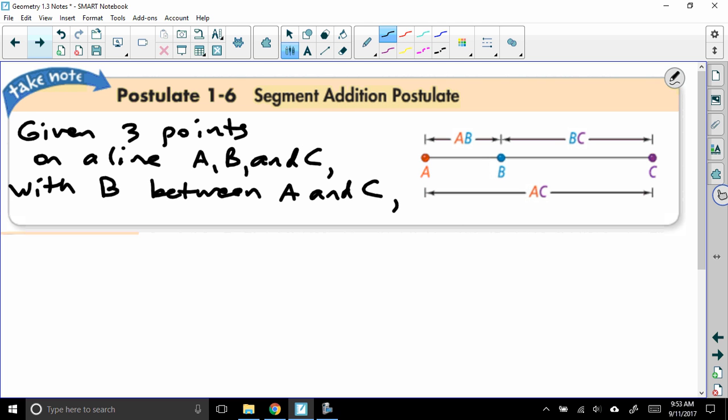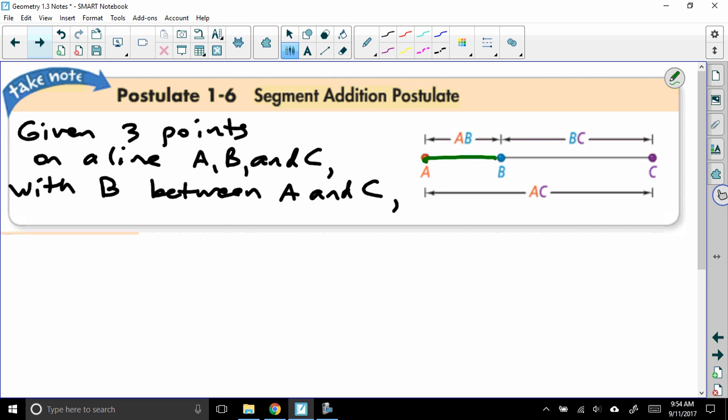Okay, so when we talk about a segment itself, for instance, this segment would be segment AB. But when we talk about the length of that, remember we dropped the hat. So watch and be real mindful of what these characters represent.